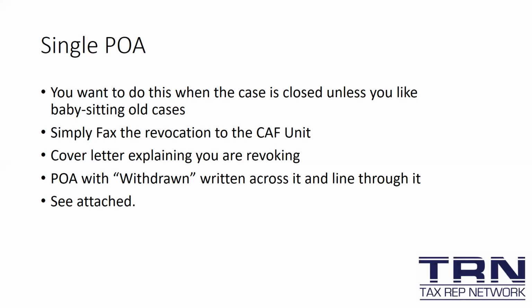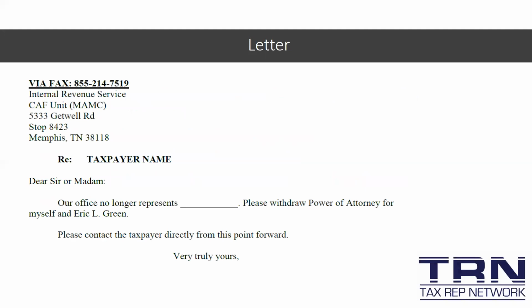Okay, what does this look like? Well, here's the letter. Basically, it goes to the CAF unit, right? Dear sir or madam, our office no longer represents the taxpayer. Please withdraw our power of attorney for myself and Eric Green. This letter is from Jeff, obviously. Please contact the taxpayer directly from this point forward, right? And we do mail these in, generally certified.